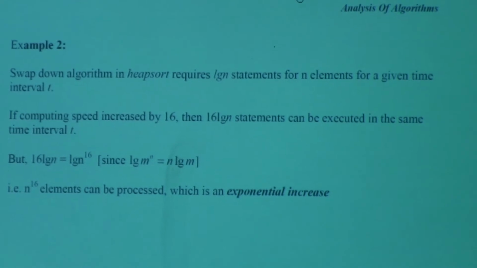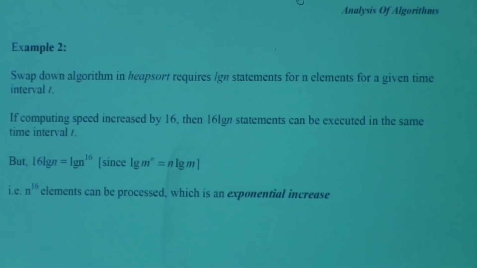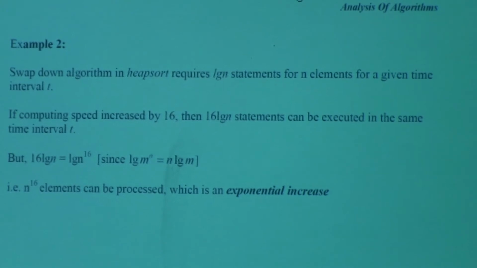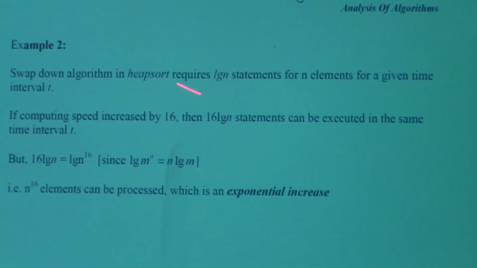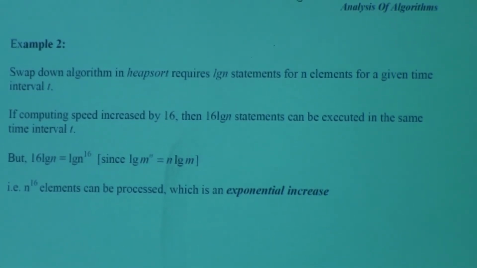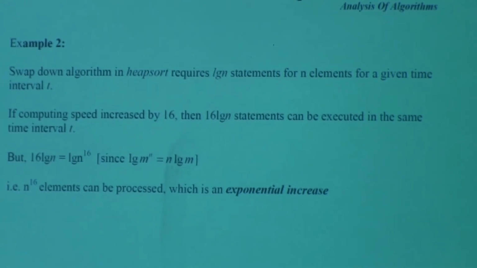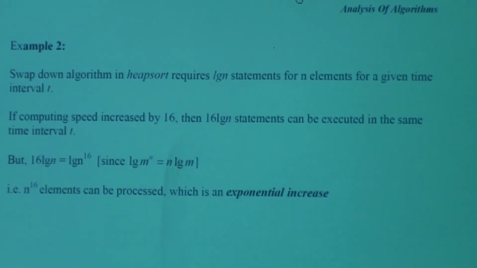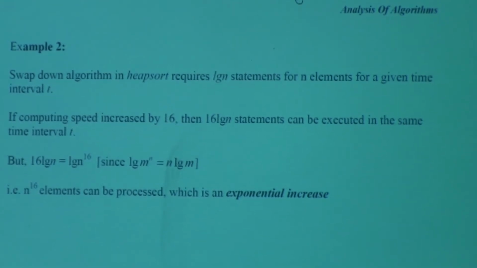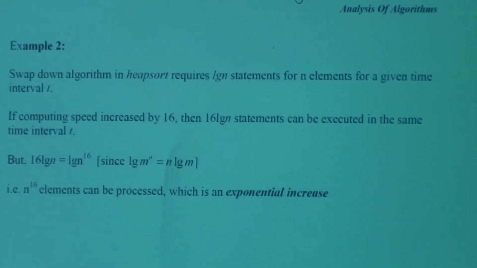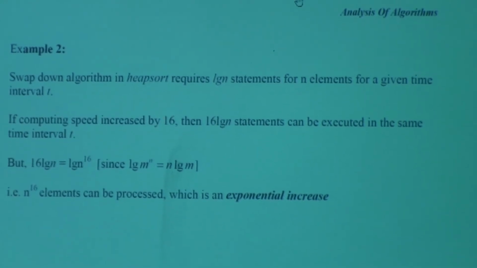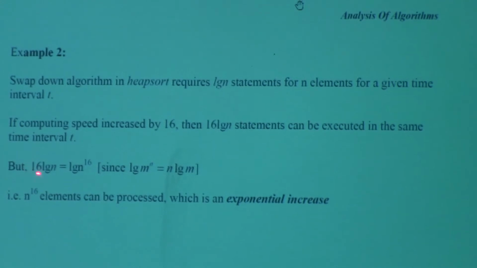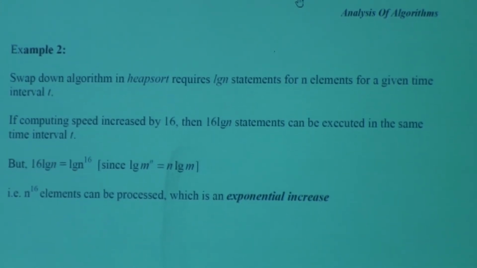Imagine that the original problem n is equal to 16. How many instructions do we need to solve it using our algorithm? If the original problem is 16, the number of instructions we need is log of 16, which is 4. 2 to the 4th, 16. So now I'm going to speed up the computer by 16, which means I can execute in the same time t, 16 LGN, which is LGN to the 16.